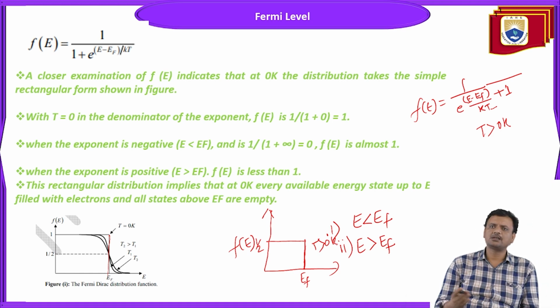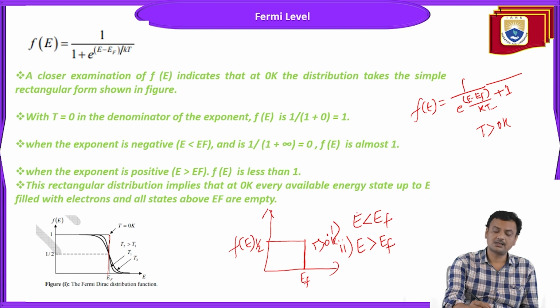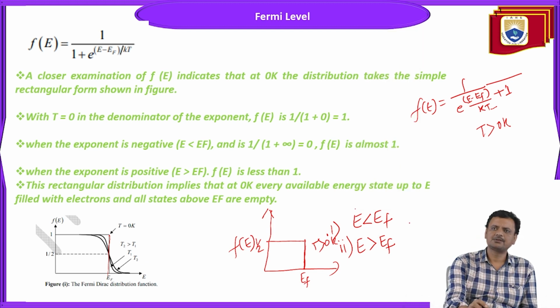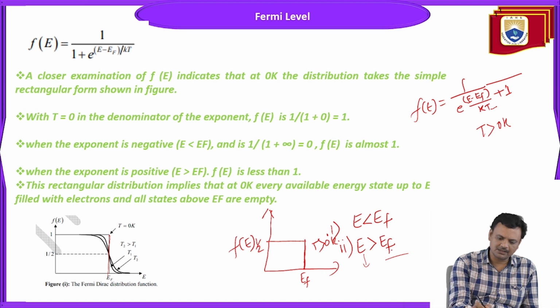Now what about the other regions? What about energy levels which have a lower value than EF, and what about those energy levels which have a greater value than EF? Those greater than EF will come in this region, and those lower than EF will come in this region.